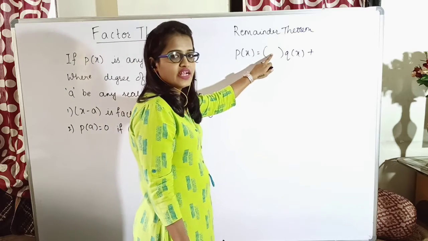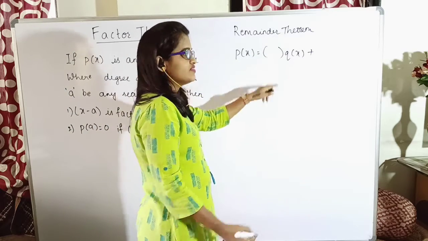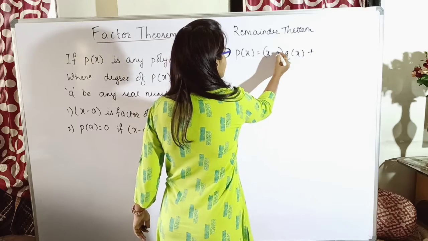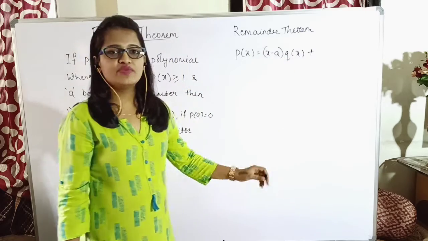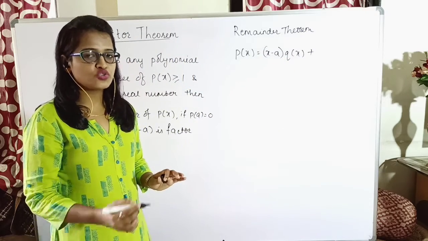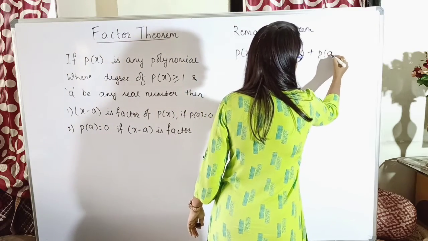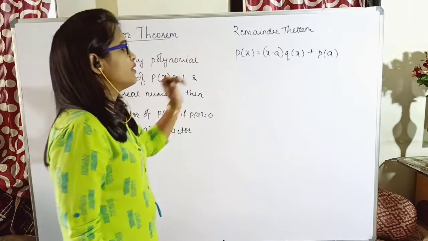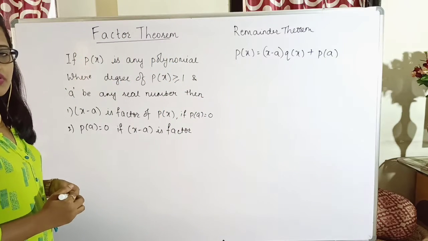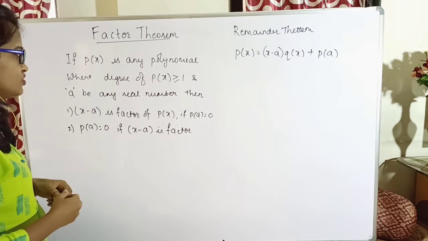Now whenever we had seen the remainder theorem, we had taken the divisor to be of the form x minus a, and the remainder we had got, which was a constant, so p of a equal to r we had obtained. So what was the remainder then? P of a.